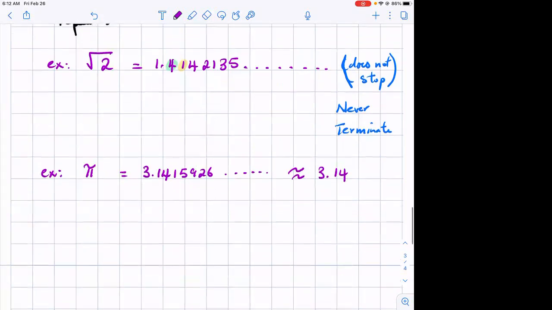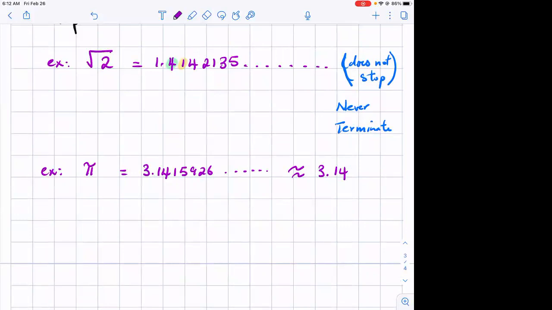Notice that for pi, the first digit after the decimal is a 1, followed by a 4, followed by a 1. So no two digits repeat consecutively. In addition, it does not stop. There is no ending to the decimal representation. I don't know off the top of my head what comes after the 6, but we can find out using a computer system or calculator.